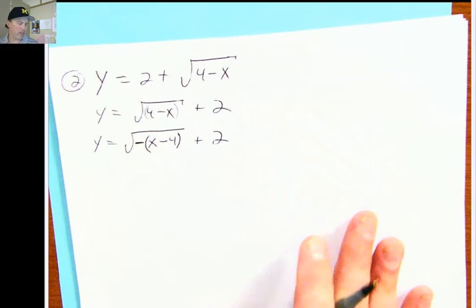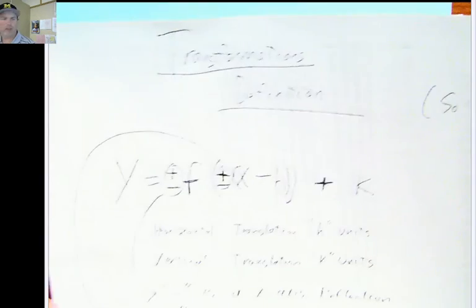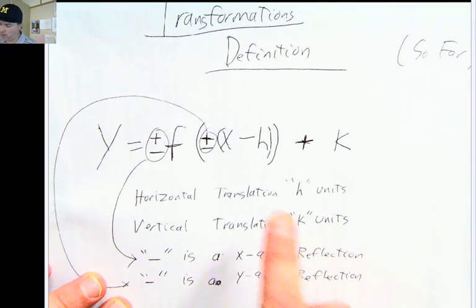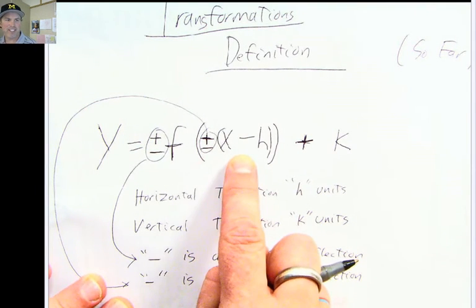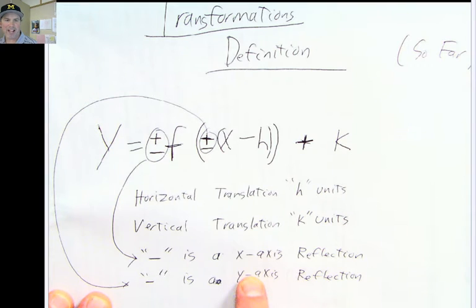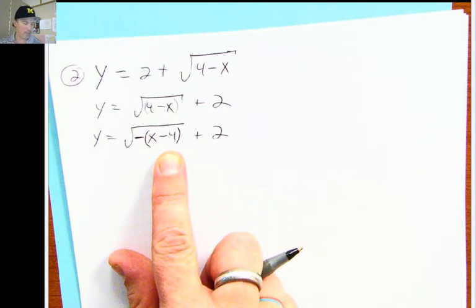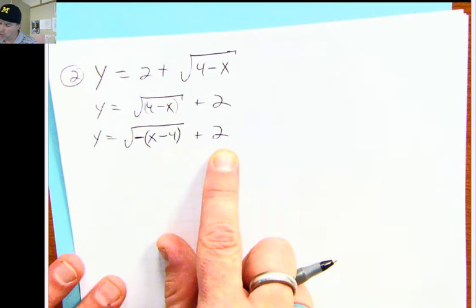And once your equation looks like this and you compare it to the transformation definitions, I have this negative on the inside. That's going to be a y-axis reflection. And then I have a minus 4, so it means it's going to be going right 4 and a plus 2, so up 2.